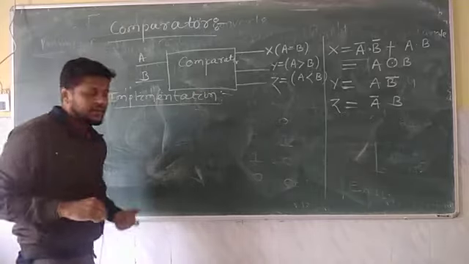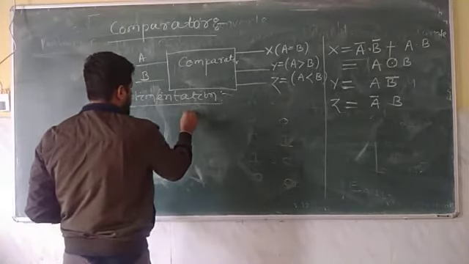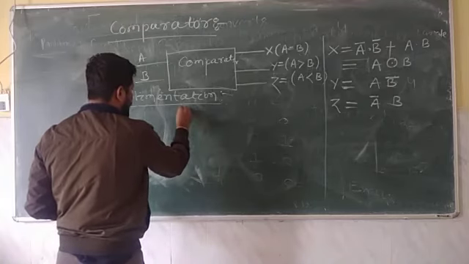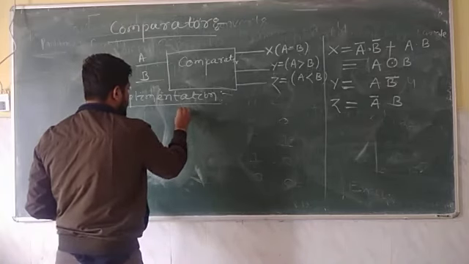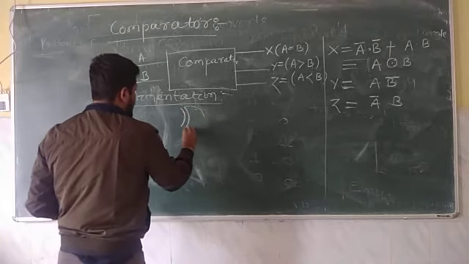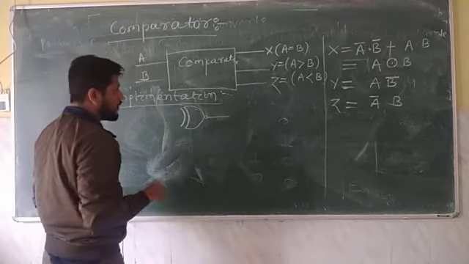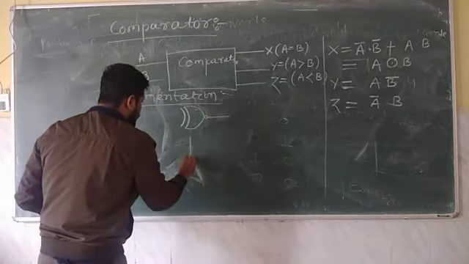So how to implement this? So we have A and B. So you have to draw one XNOR gate. You already know the symbol for XNOR gate. So this is your XNOR gate, and we have to draw two AND gates.